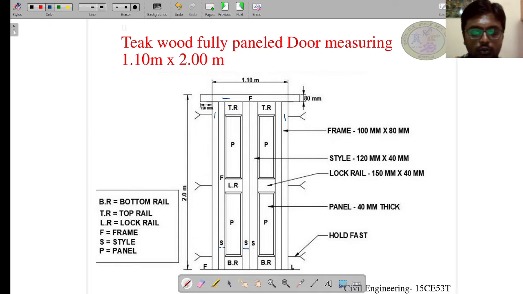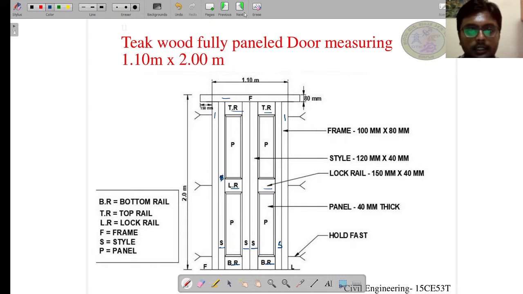Stile number 1, 2, 3 and 4. So this is wrongly marked as frame. So please make the changes, students. Also we have horizontal members called rails: top rail, lock rail and bottom rail.